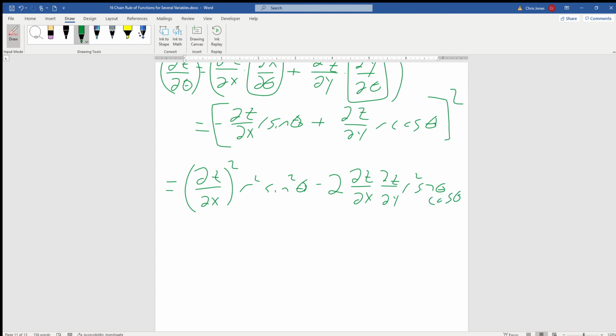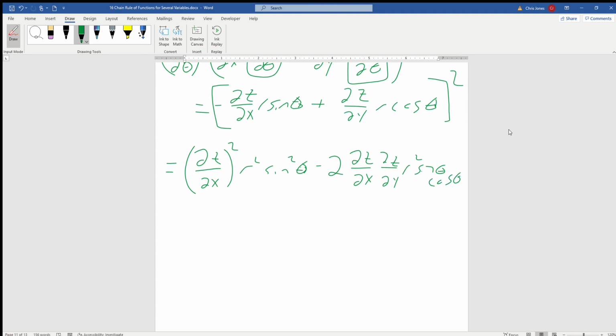And then we're just going to square the last term. So we're going to say plus partial z partial y square r square cos square theta. That's the square of everything. But remember, we have to multiply this by 1 over r squared. And that's good because if we do that, all the r squareds are going to go away.